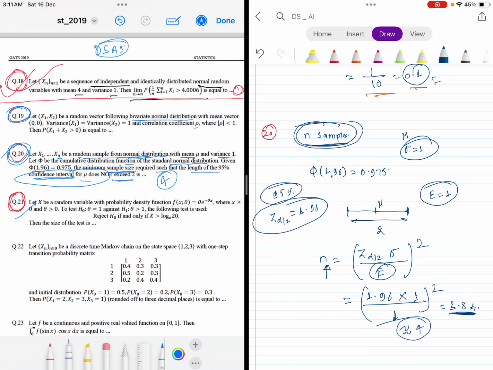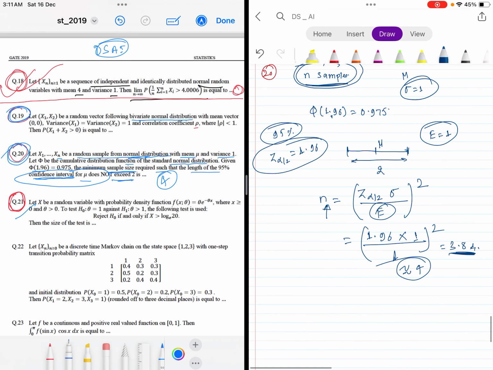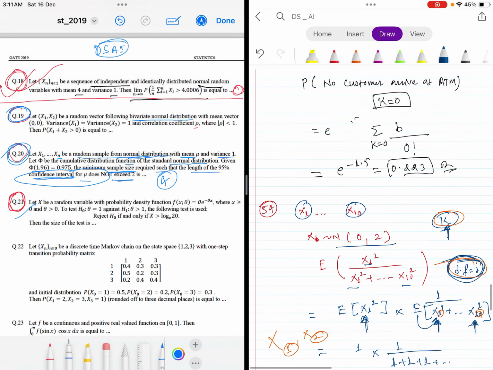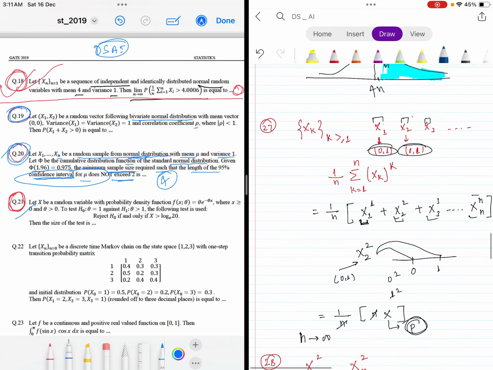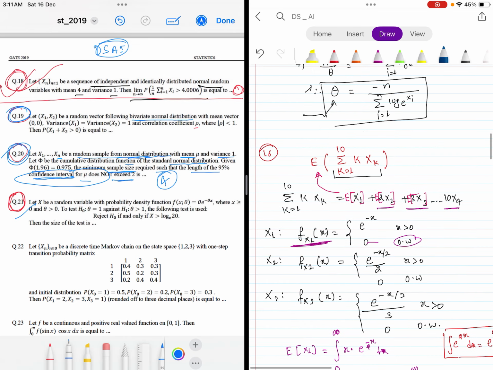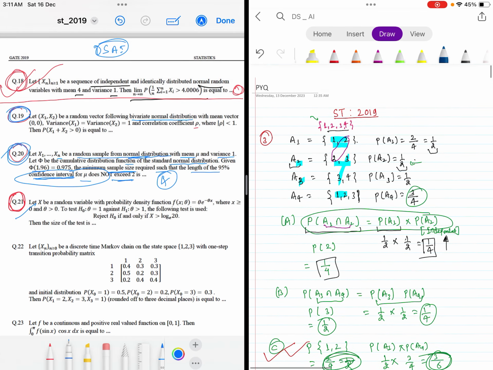Okay, and there are a few more questions from hypothesis testing that we will do in the next video. Then we will close this 2019 statistics paper, and move to the 2020 statistics paper. There are a lot of questions in this paper, right, and I think I have done only 1, 2, 3, 4, 5, 6, 7, 8, 9, 10, 11.